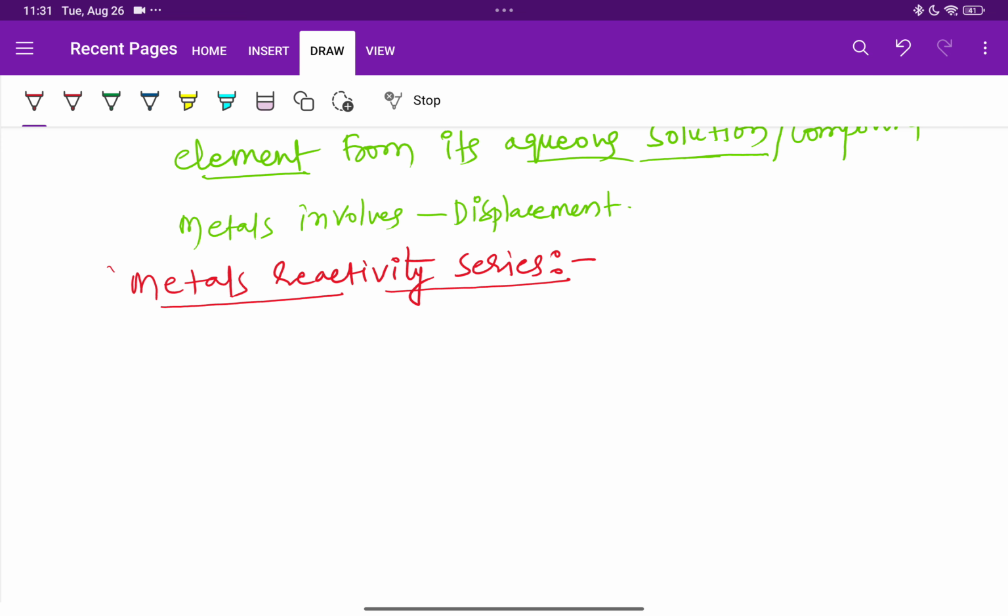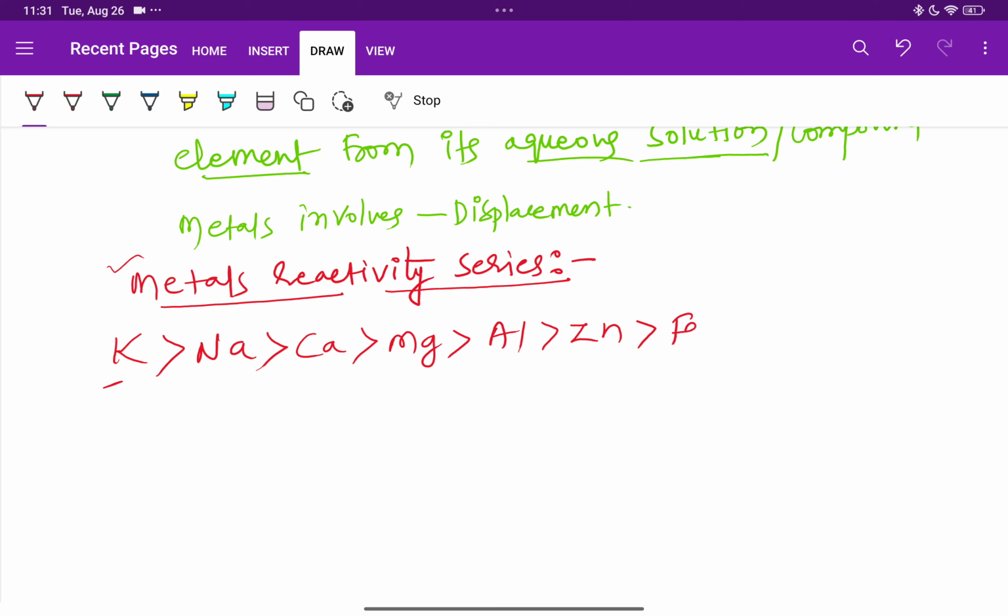So in the metals reactivity series we have potassium, sodium, potassium more reactive than sodium, potassium greater than sodium, then calcium, magnesium, aluminium, zinc, iron, lead, hydrogen, Cu copper, Ag silver, Au gold, platinum.